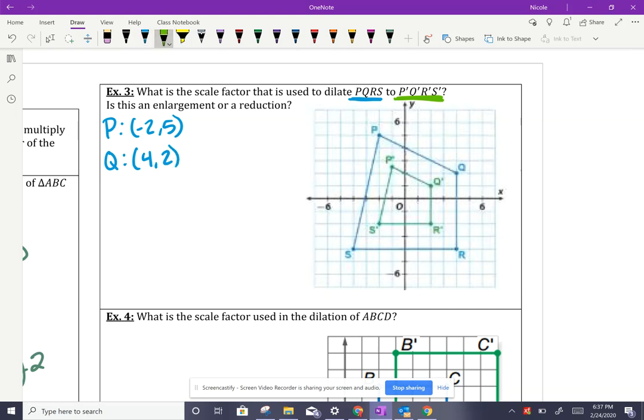And then P prime is at negative 1, 2.5. And Q prime is at 2, 1. So I want you to look at these. Is it getting smaller? Is it getting larger? What's the scale factor?